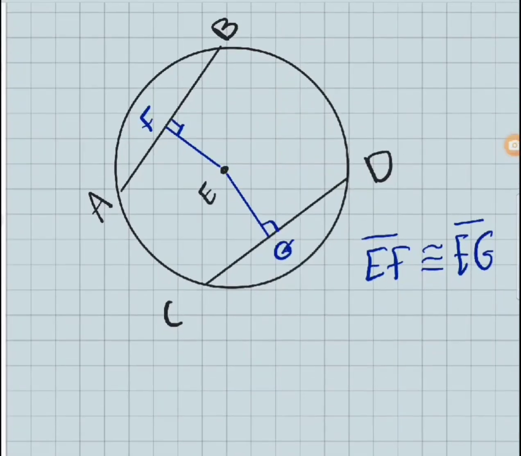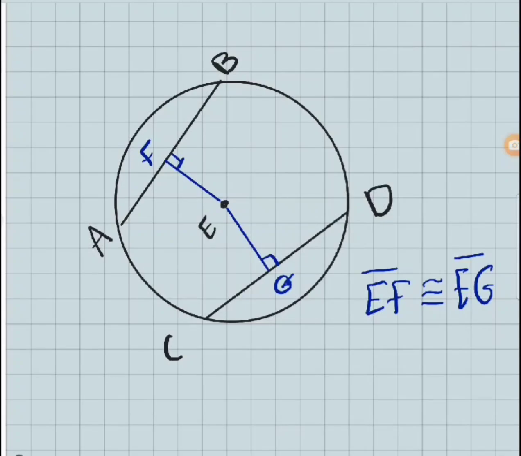What's true? You need to know that if two chords of a circle are equally distant from the center, then they are congruent. Because EF is congruent to EG, that means that AB is congruent to CD.